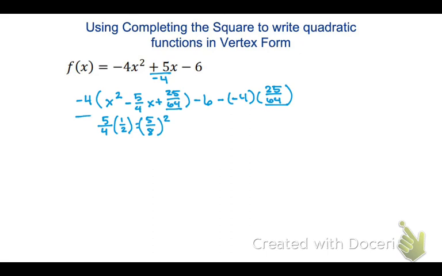Now, I always deal with this front part first because it's easy to deal with. I know the answer. So that's negative 4x, and whatever this sign is here goes there, minus 5/8. Because if you take 5/8 plus 5/8, you get... I'm sorry, what did you do with the 5/4 and the 1/2?